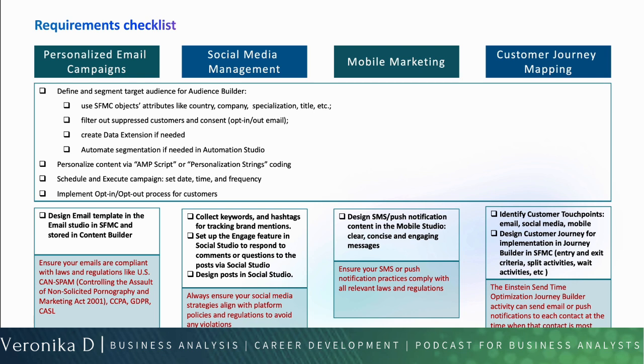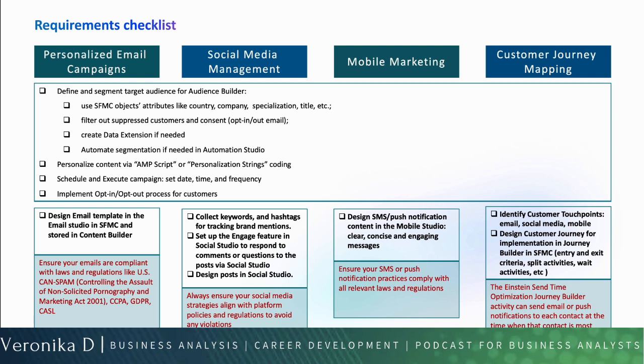So apart from the common requirements that I listed before, it has its own, of course. Firstly, you should identify customer touchpoints, meaning communication channels that will be used to reach the customer via the journey. It can be either email or SMS or push notifications or them together, or any other touchpoint that SFMC supports.